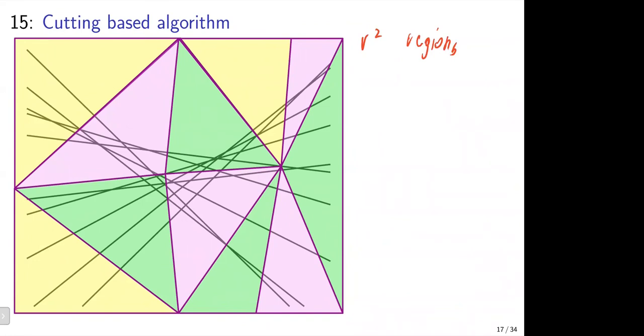The regions are going to be triangles, and every region crosses only n/r of the input lines. So this is usually called a 1/r cutting. And those cuttings can be computed in nr time. Since r is going to be a constant, it's essentially linear time. So you compute the cutting, and now you look at all the edges of the cutting.